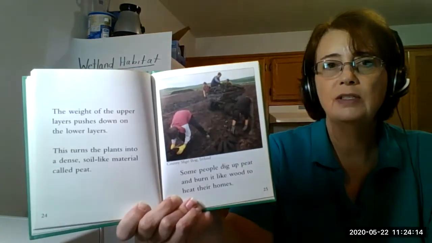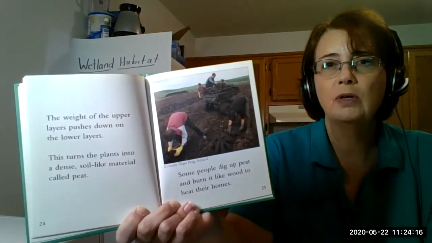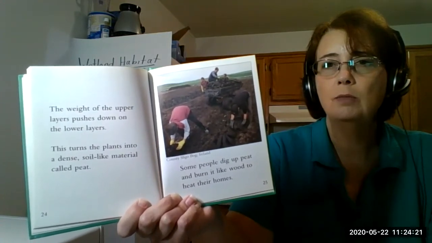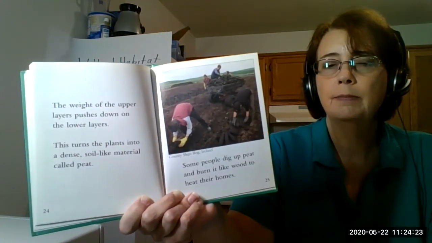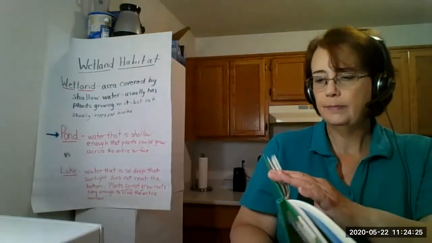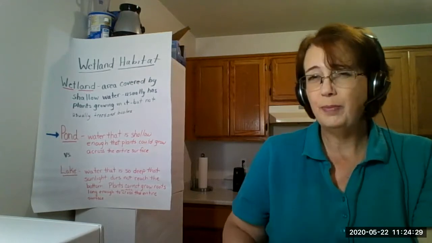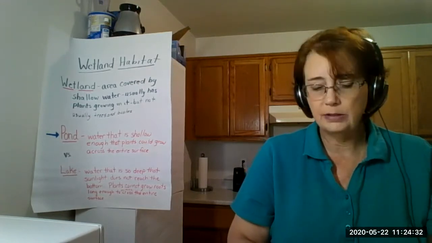This turns the plants into a dense soil-like material called peat. Some people dig up peat and burn it like wood to heat their homes. I've heard people in Michigan call it peat moss.